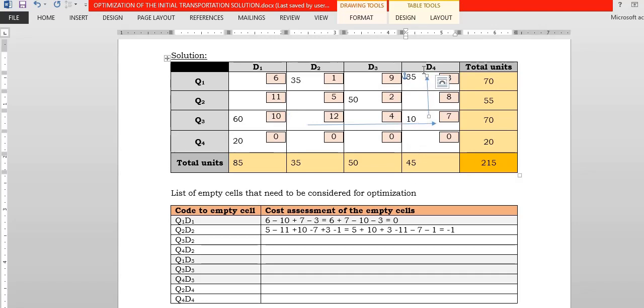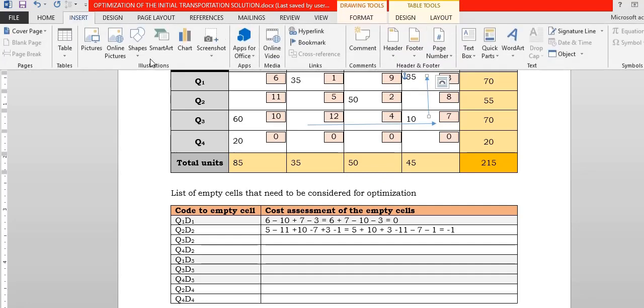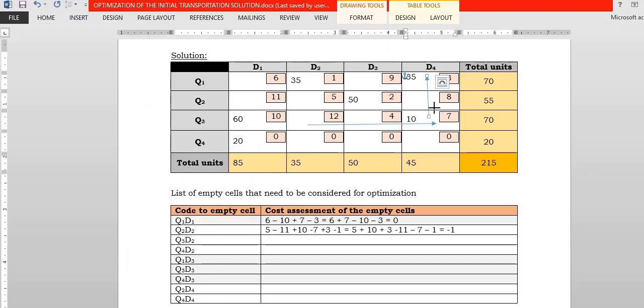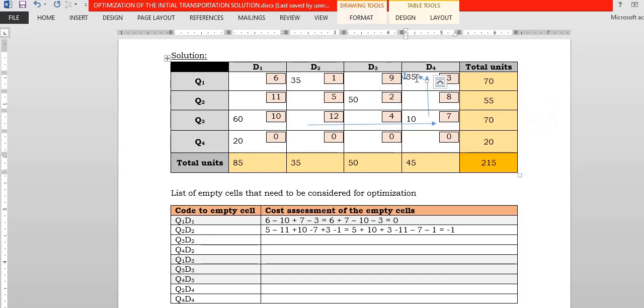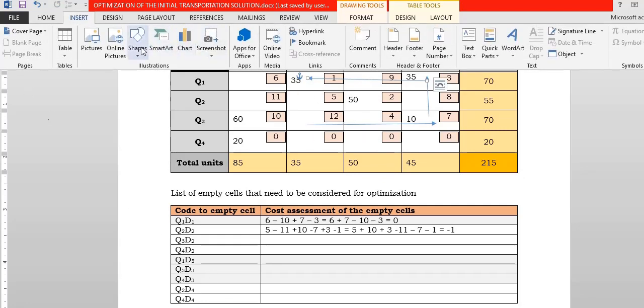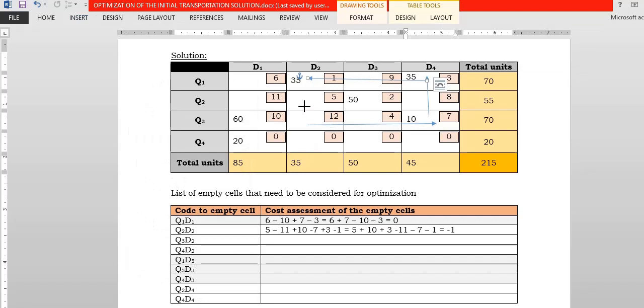Then again we go back, go back, go back. Then from there, move down to where we started from. Okay, so from here to here.